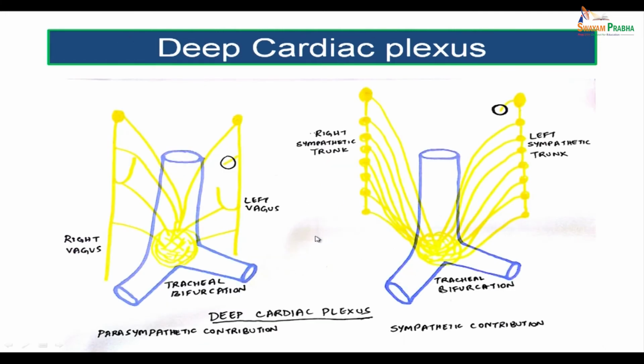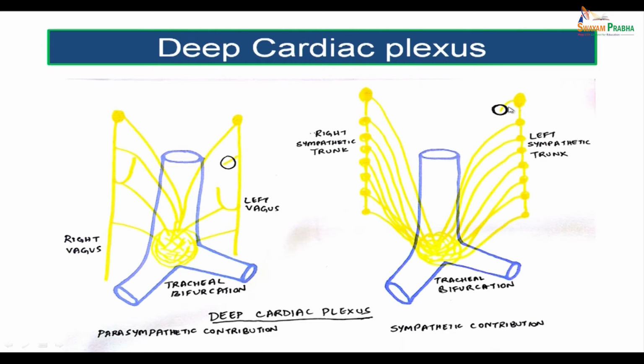All the other branches of both the vagi and the sympathetic trunks will be joining the deep cardiac plexus. So, you find the sympathetic trunk, the cervical and upper 3 or 4 thoracic sympathetic ganglia will give branches, they are called as cardiac branches.